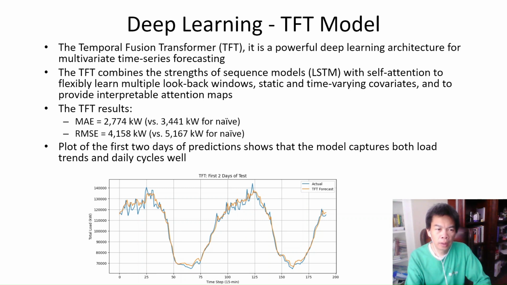So the TFT result comes out with an MAE of 2,774 kilowatts versus the Naïve 3,400, and RMSE also significantly lower at 4,100 kilowatts versus 5,100 kilowatts. Then we also have the 2-day plots on the bottom, showing the model captures both load trend and daily cycle quite well.